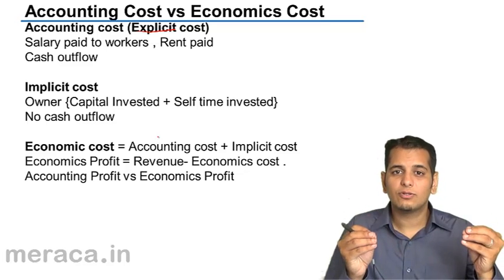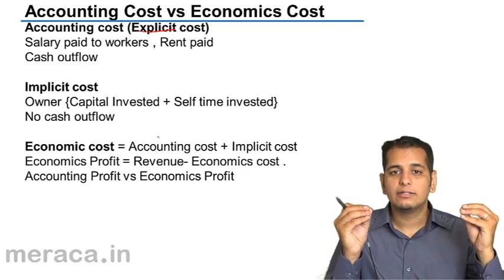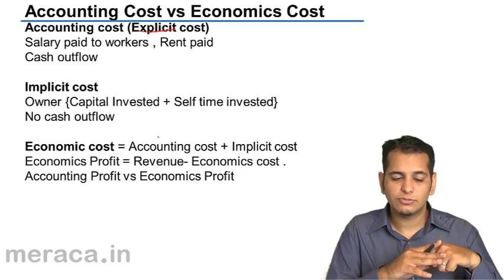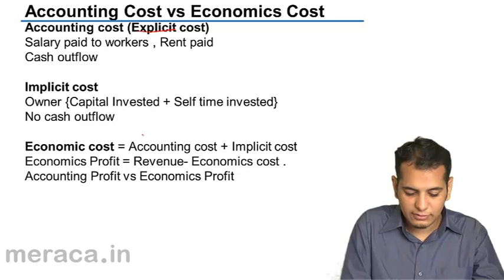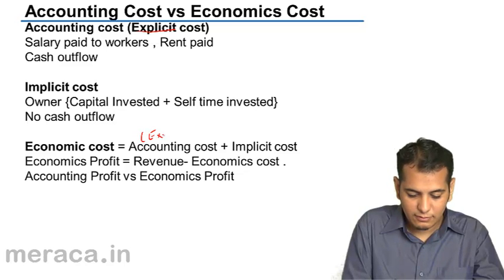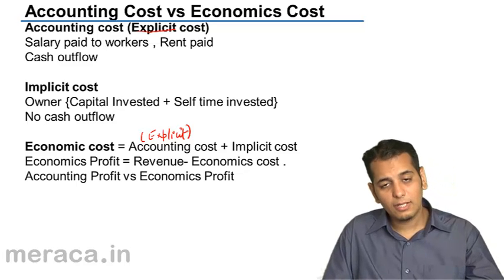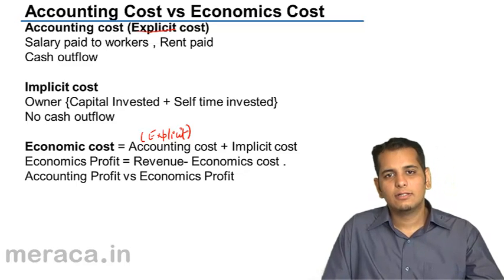But implicit costs are taken care of by economic costs, because economic costs are nothing but accounting costs, that is explicit costs, plus implicit costs.